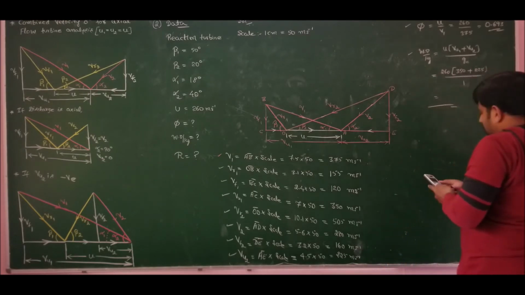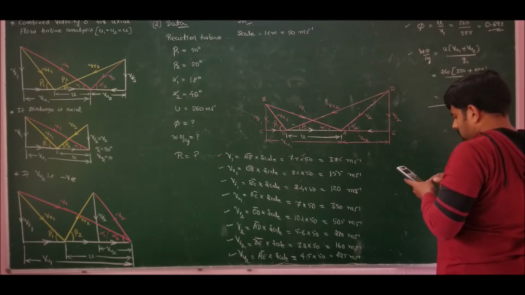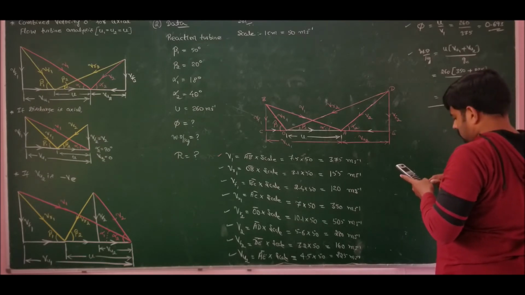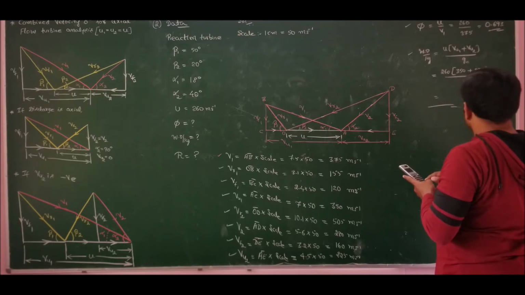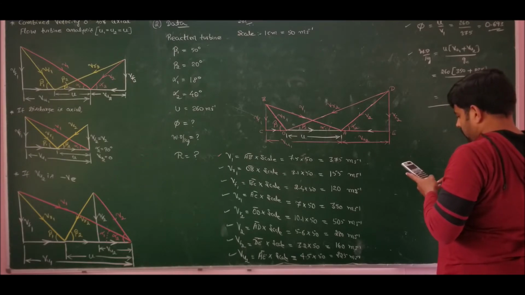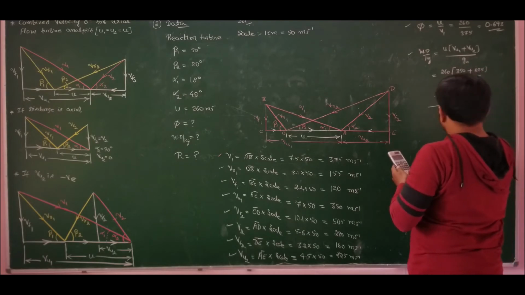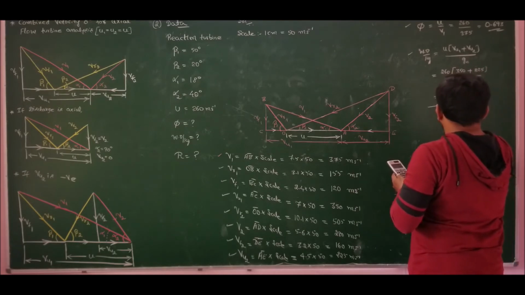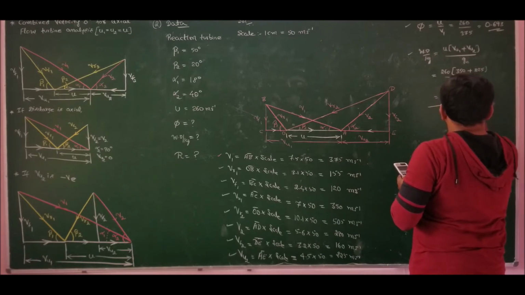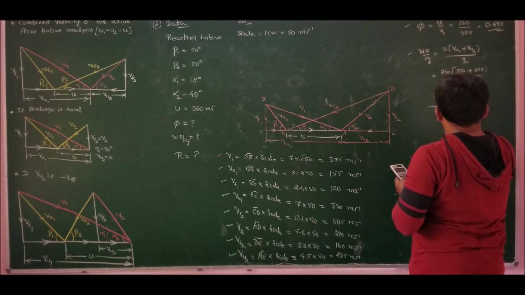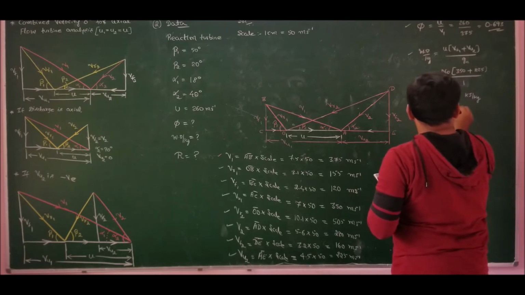So therefore work done per kg will become 260 into (350 plus 225) divided by 1. If we further divide by 1000, I'll get the answer as 149.5 kilojoules per kg. I am specifying in kilojoules per kg. Make a note of it.